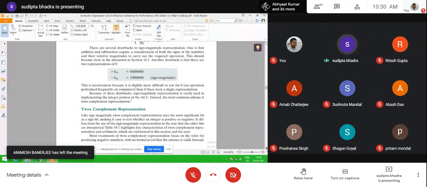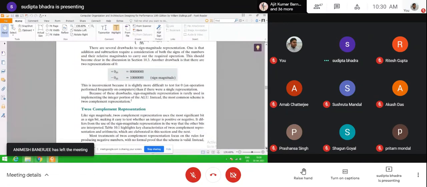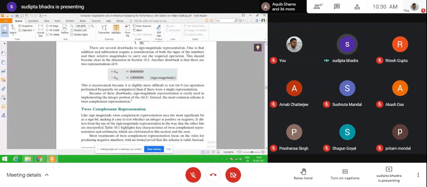In case of two's complement, like sign magnitude, the representation uses the most significant bit as a sign bit. It differs from sign magnitude in the way that the other bits are interpreted.